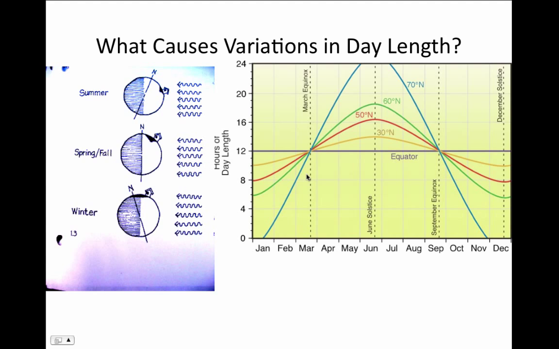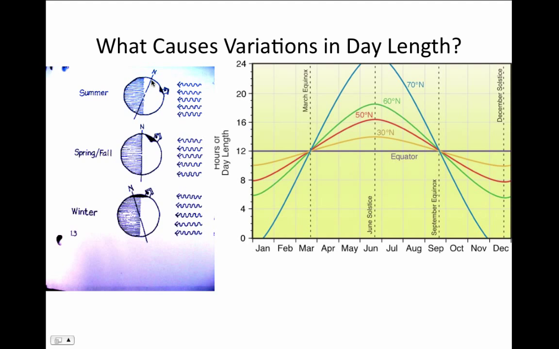But it's related. You can see here that at the equator, the day length is the same all the time. And when we get further north from the equator, the day length goes to 24 hours a day for a few months of the year. So it's light all the time.